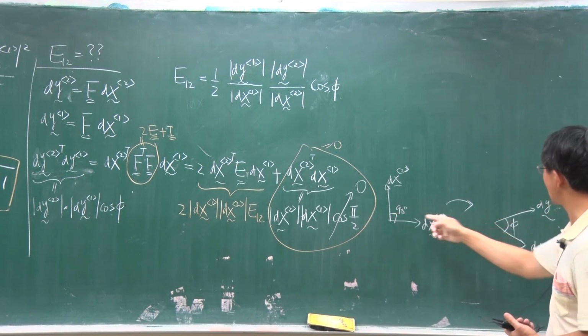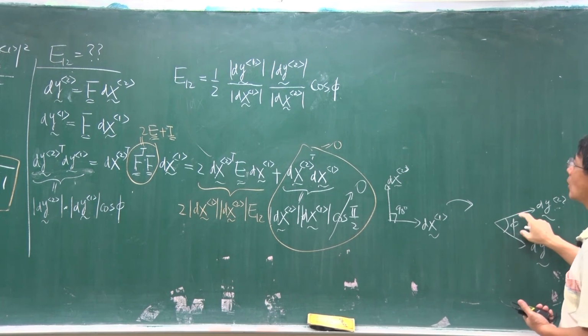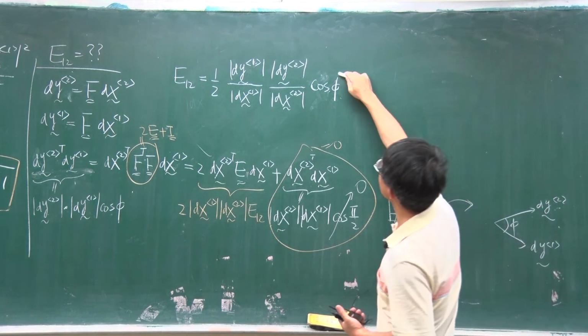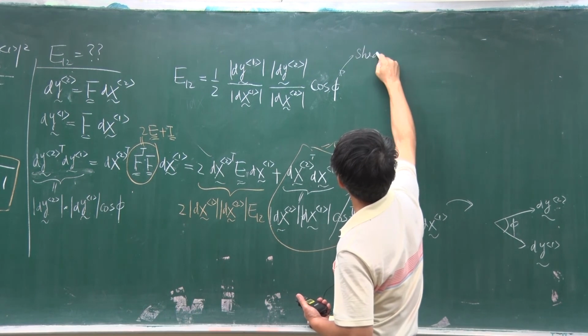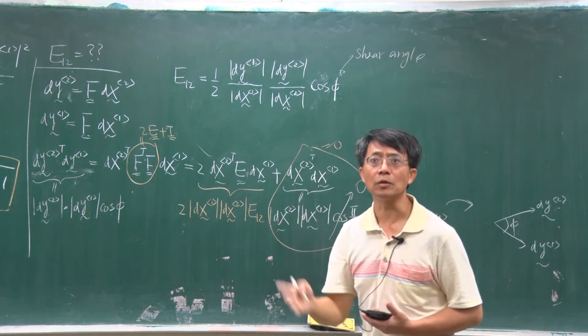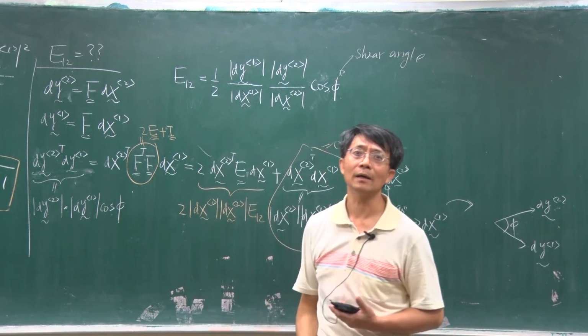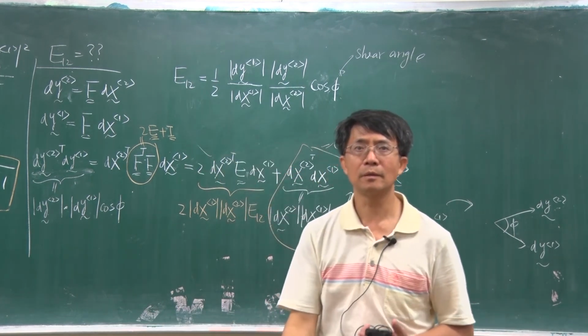This is 90 degrees, and after the deformation, this is the shear. This angle represents the shear angle. It seems to be perfect as a component of shear strain, but it is not.